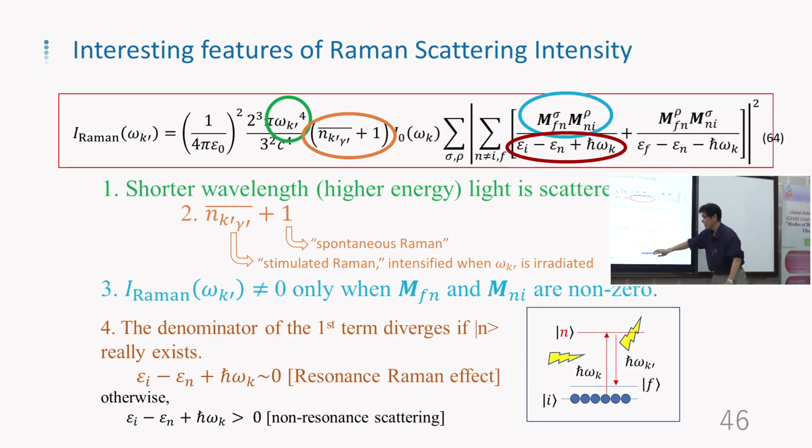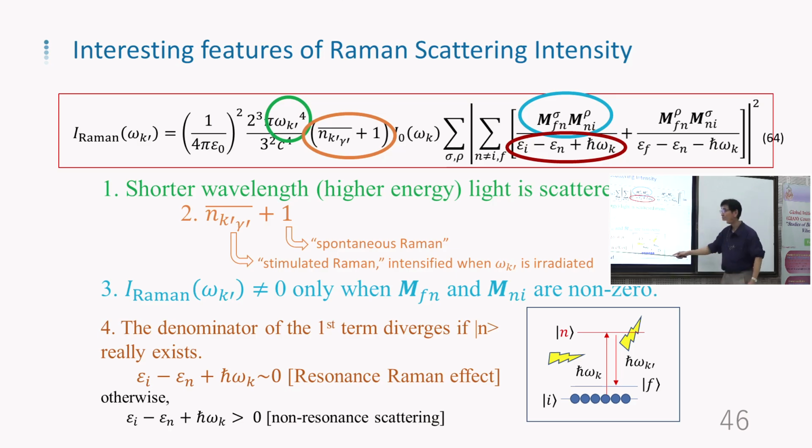In other words, if the excitation wavelength corresponds to the energy difference between the initial and real state n, then the denominator approaches 0. It results in the infinite intensity of the Raman signal.